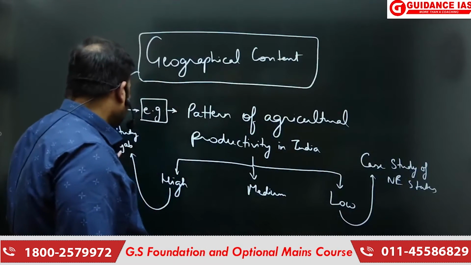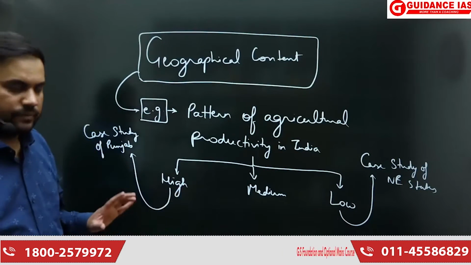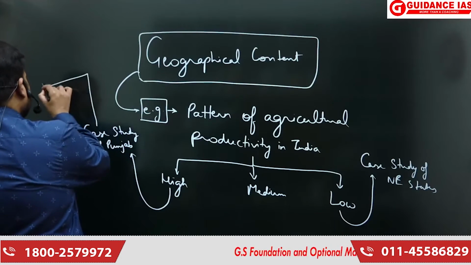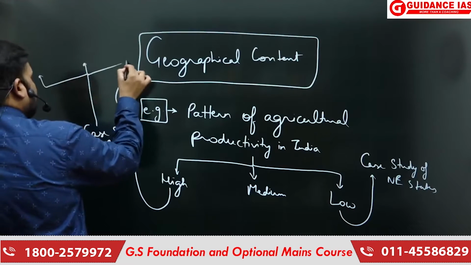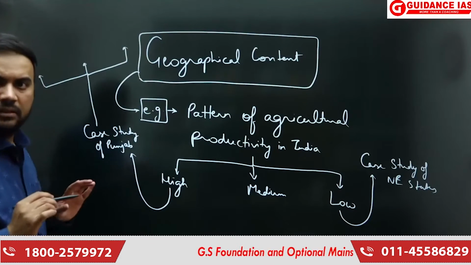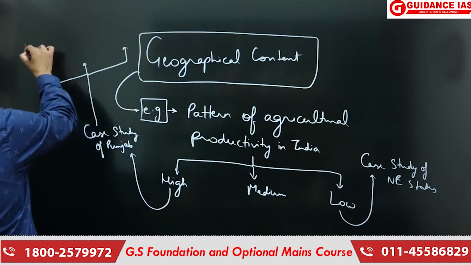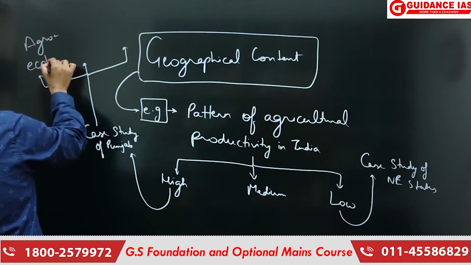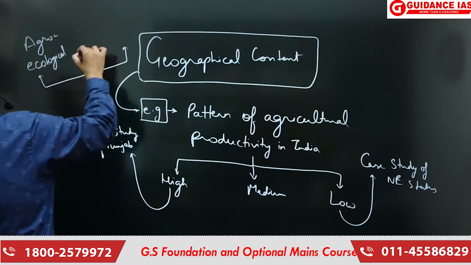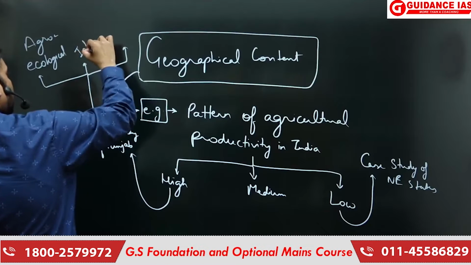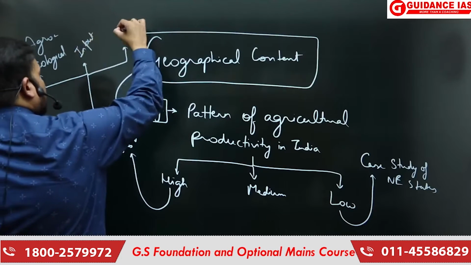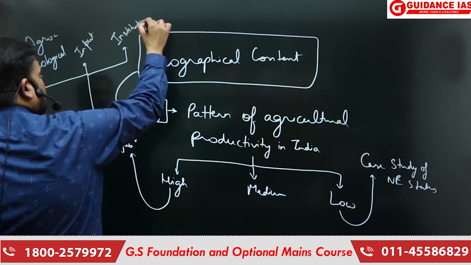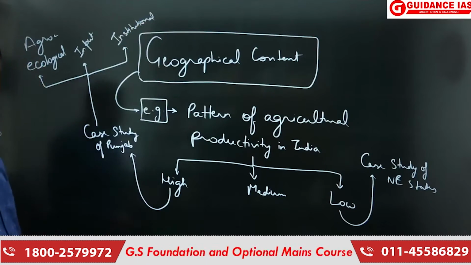Now, when I have to produce a case study of Punjab, for example, tell me, when I'm talking about agricultural productivity, do I have to talk about 3 factors? I have to talk about the agro-ecological factors. I have to talk about the input factors. I have to talk about the institutional factors. तो ये 3 तरह के फैक्टर्स तो बात करने ही पड़ेंगे.